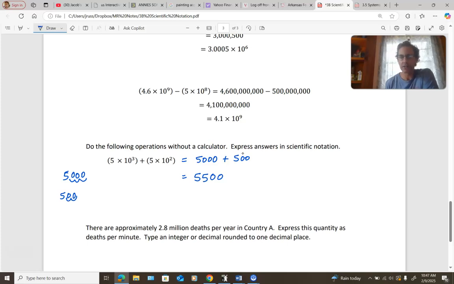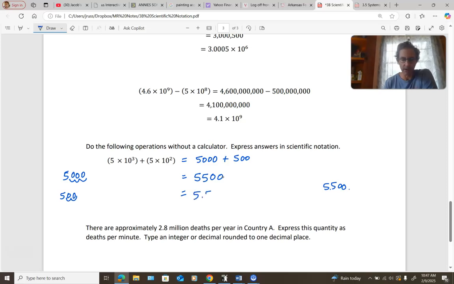And then our last step here is to convert this number expressed in ordinary notation back to scientific notation. So again, remember that 5,500, the decimal's understood to be at the very end. So we're going to have to move it 3 places to put it between those two 5s.